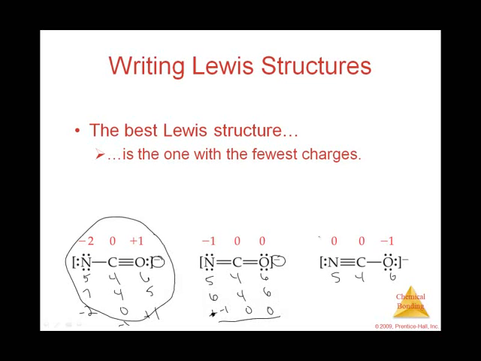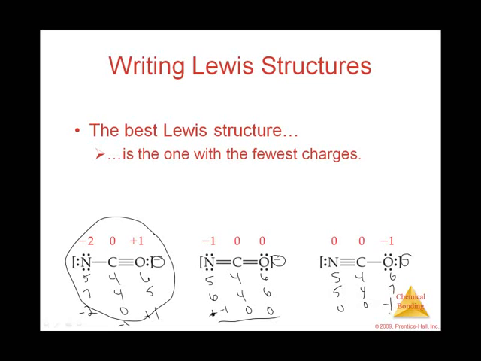Now nitrogen here has 2, 3, 4, 5. Carbon has 1, 2, 3, 4, 0, 0. And oxygen here has 2, 4, 6, 7, which gives us a -1. So these all come out to be -1. So now we want to look at which atom the -1 belongs to.